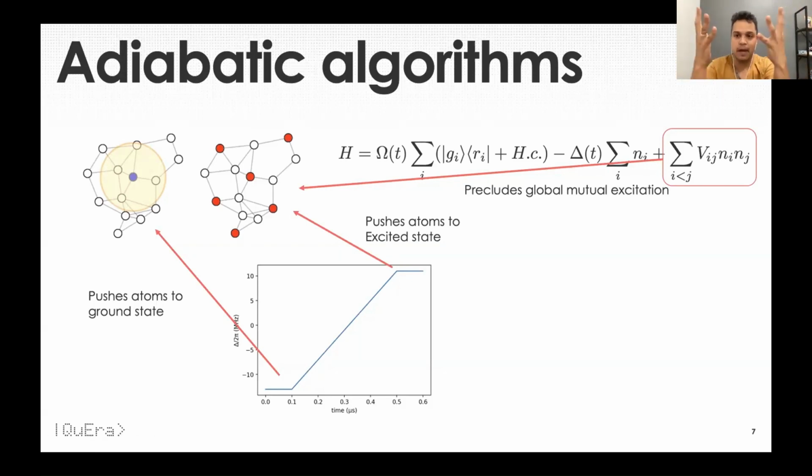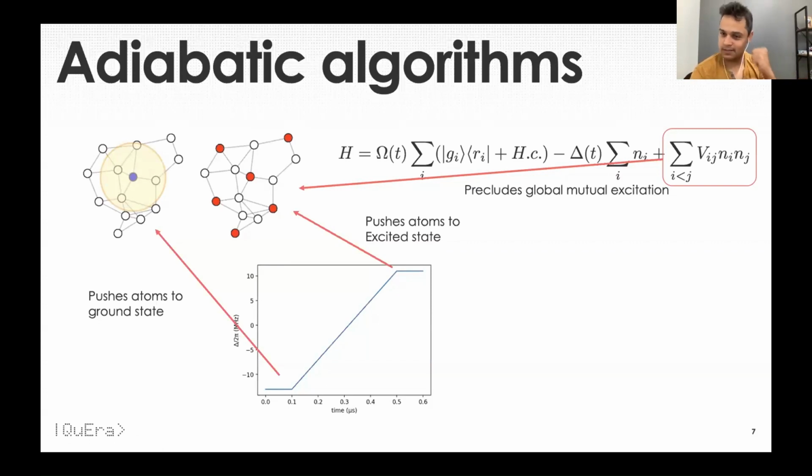So I want everybody to be excited if delta is large, and nobody to be excited if delta is large negative. But even if I push everybody to be excited, V precludes it. V says, if you're too close, you will not be excited. So this is looking good. This looks like it's doing what we want.